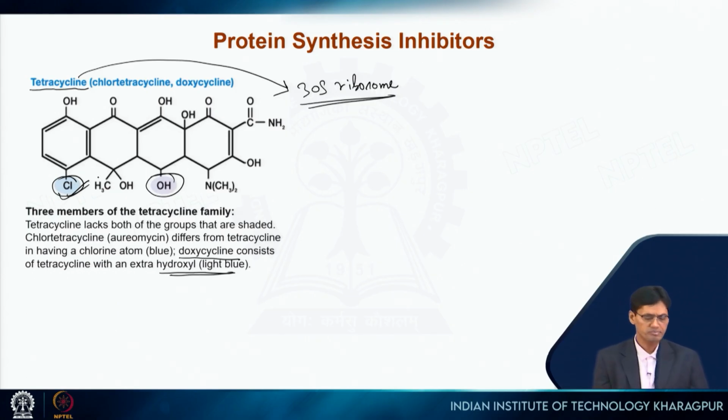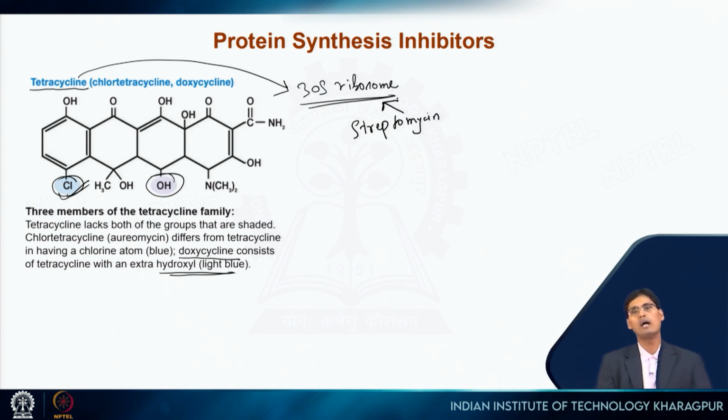So now in this group, another antibiotic I can name is streptomycin. This is another antibiotic that acts against the 30S ribosome. Their target is the 30S ribosome again.